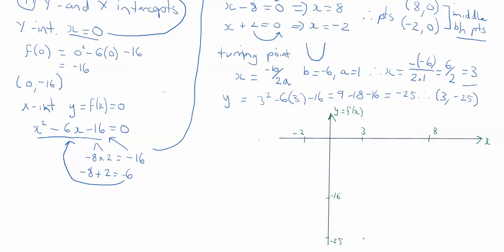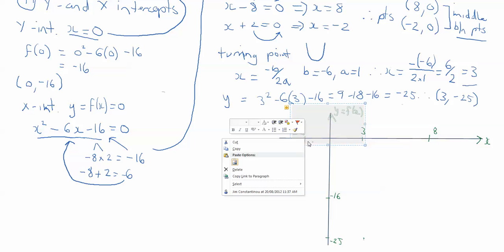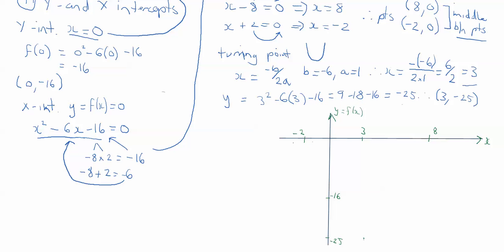Now we've worked out all our points, and the x-intercepts, there's one there at (negative 2, 0), and on this side, sorry, (8, 0).